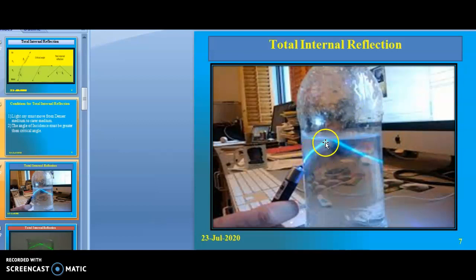If I maintain the angle of incidence greater than critical angle, the entire light energy gets reflected into the denser medium. So, we cannot observe any amount of light entering into the air medium. That is the total internal reflection. Here both the conditions are satisfied: the light ray is moving from denser medium to rarer medium, and the angle of incidence is more than critical angle.